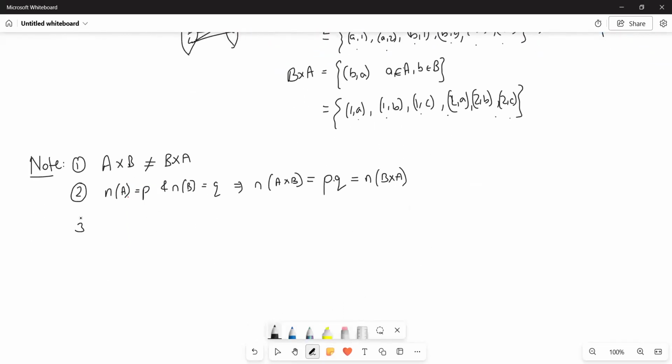Okay. Next, third, if A cross B is a null set, then what will this imply?